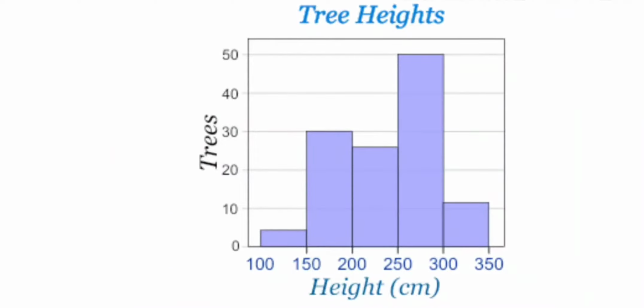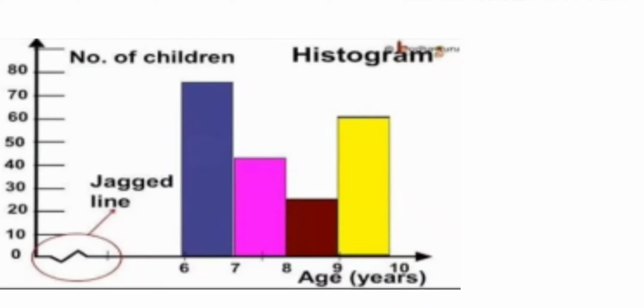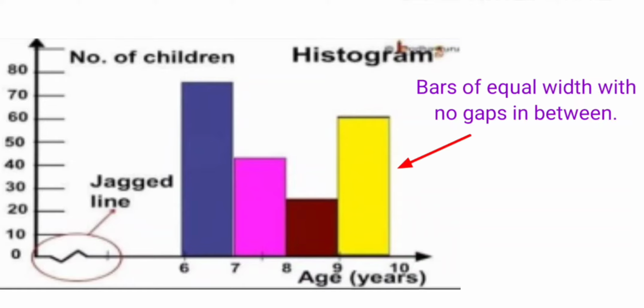Next is histogram. What is a histogram? This is an example. It is similar to a bar graph. In a histogram, one more difference is that there is no gap between two bars. These are called histograms.